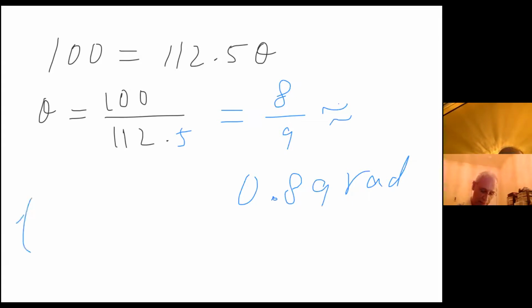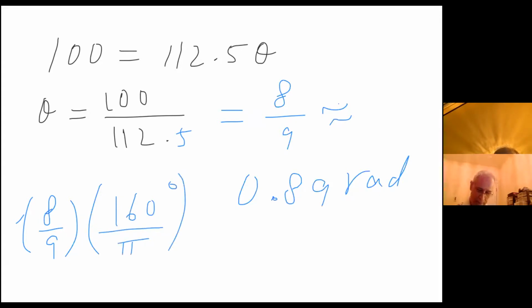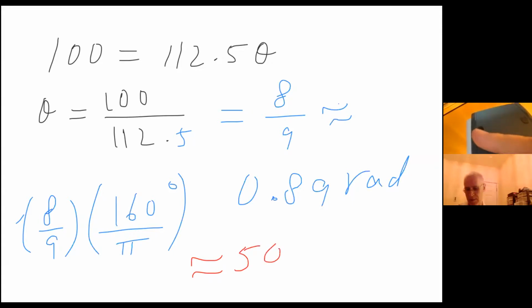You can say that 8/9 times 180 degrees over pi roughly equals 8 divided by 9 times 180 over pi, which is 50.93 degrees. Okay, let's do one more problem and then we'll move on.